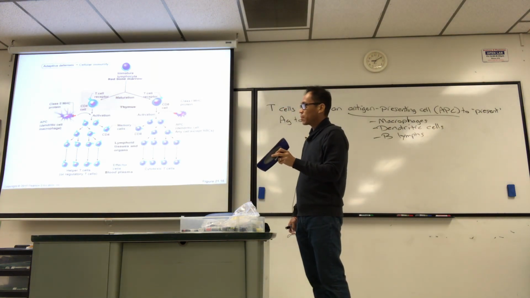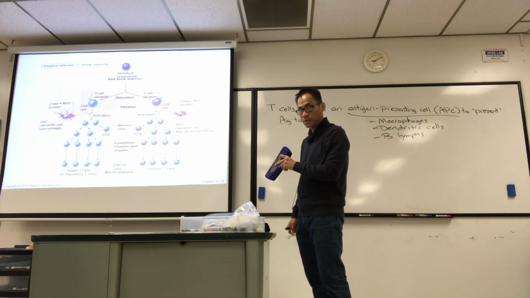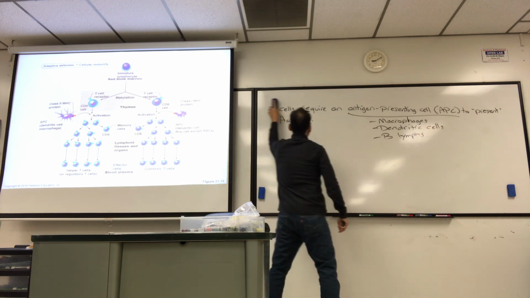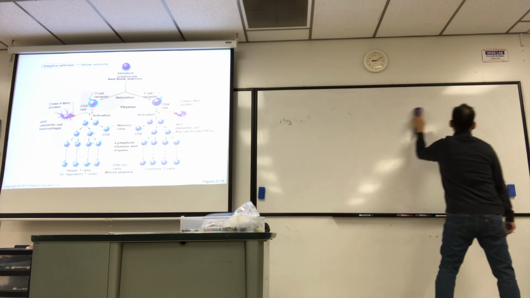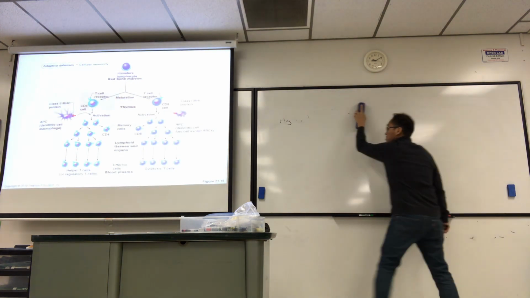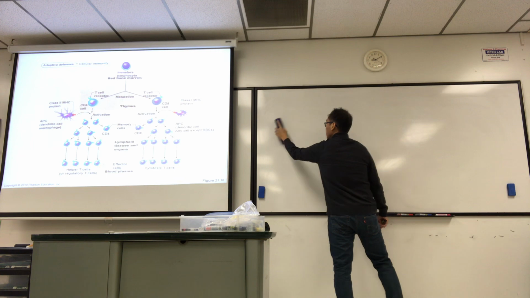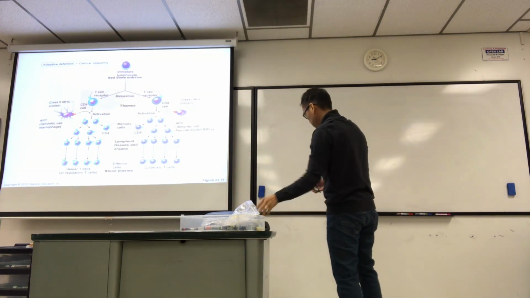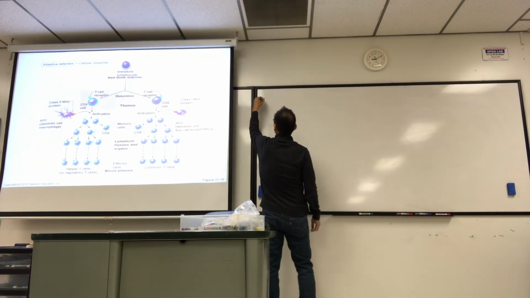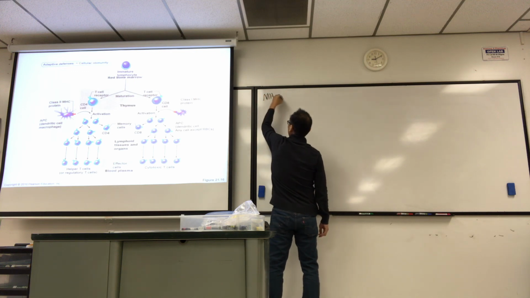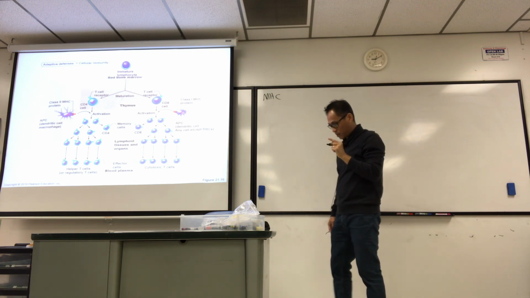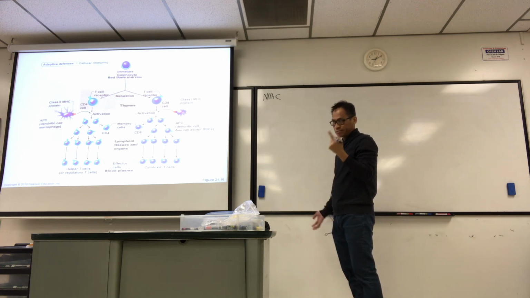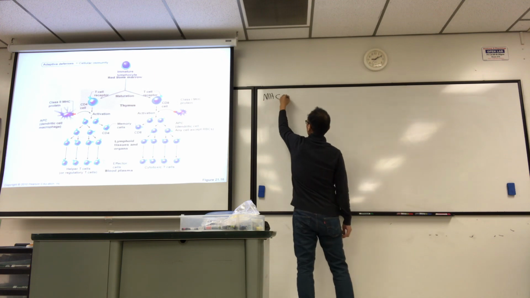And different subpopulations of T cells are restricted to interacting with only class 1 or class 2. MHC, major histocompatibility complex, sometimes called human leukocyte antigen. Same thing. Well, anyways, I call it MHC.